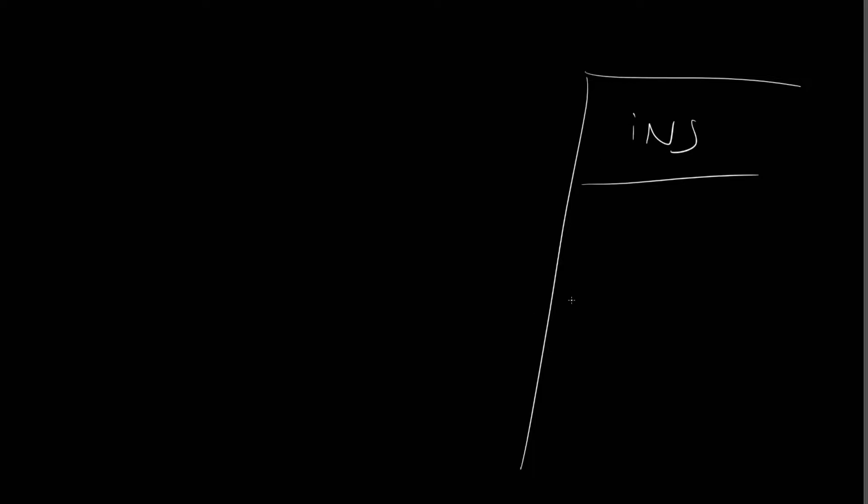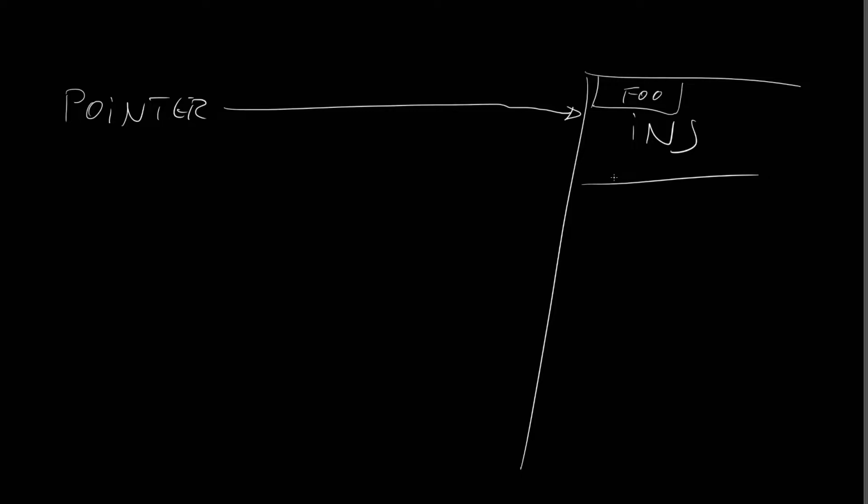And we create a function pointer that points to some instruction there. Now this instruction, let's say foo, lives in this section of the memory. It was written by us and declared by us, and when we compile the program, it is there.